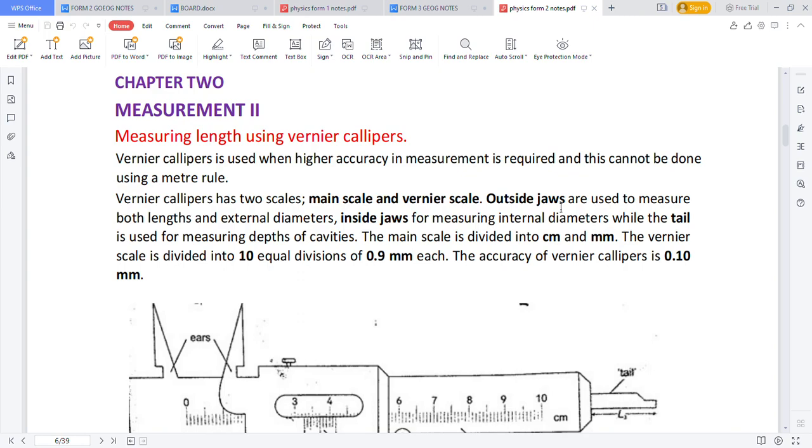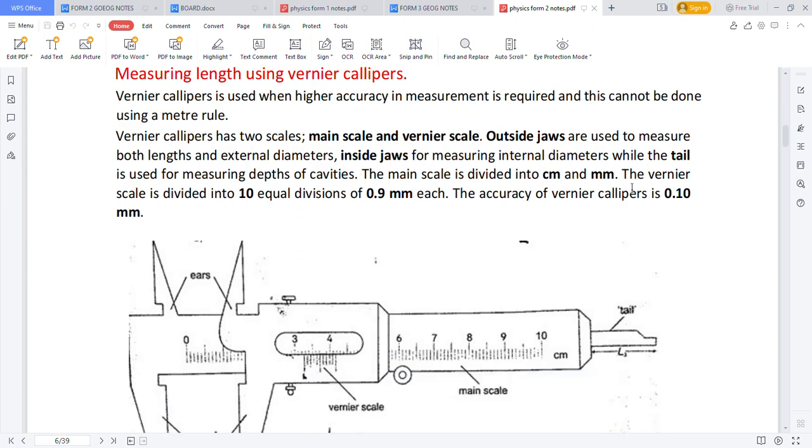Vernier calipers are used when higher accuracy in measurement is required, and this cannot be done using a meter rule. Vernier calipers have two scales, the main scale and the vernier scale. Outside jaws are used to measure both length and external diameters.